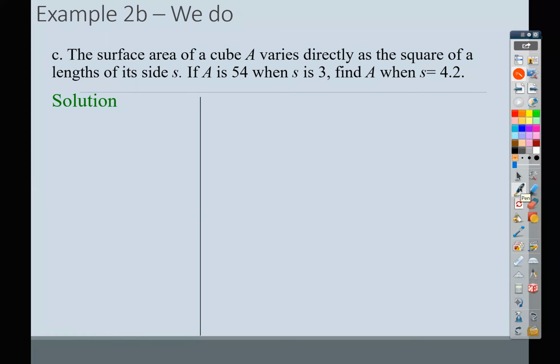Now we're solving a problem with this. It says the surface area A of a cube varies directly as the square of the length of its side S. So it varies directly, which means you're going to multiply k times the square of the side. If A is 54 when S is 3, we have to find k first.